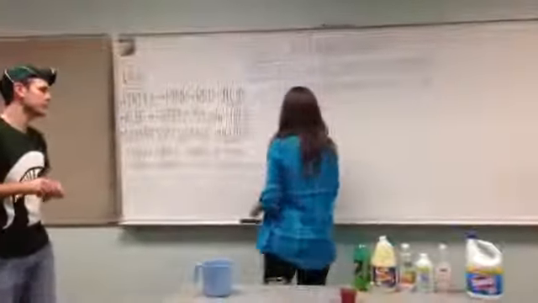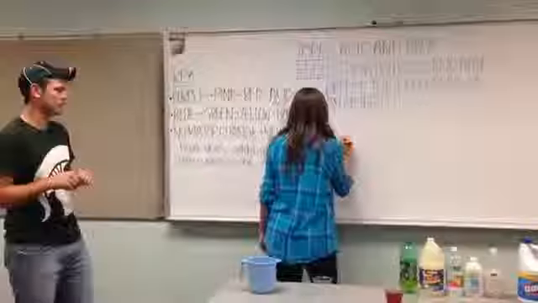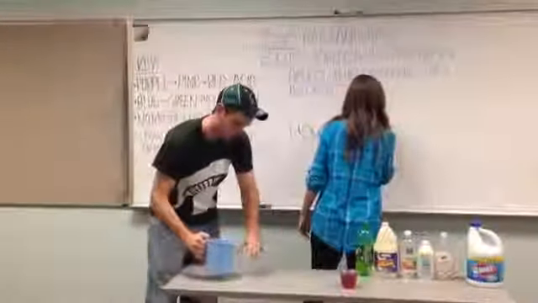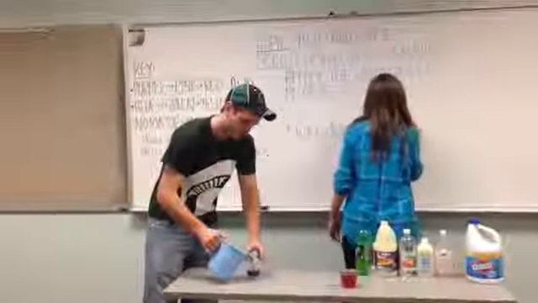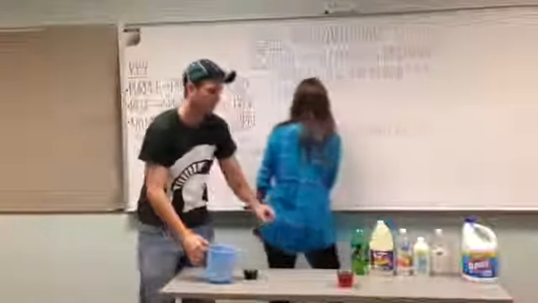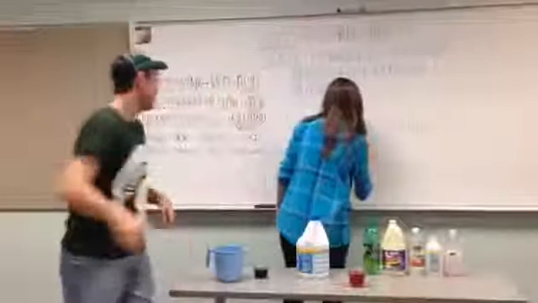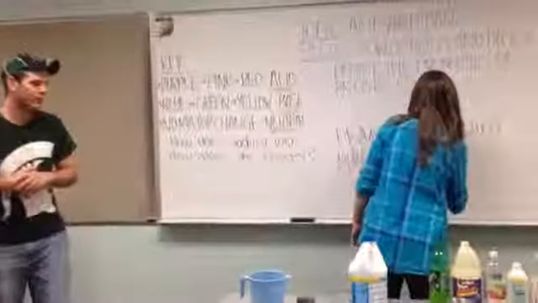My question is going to be, how does adding bleach affect the indicator? Okay. And while you're writing that, I'm going to pour your indicator for you, and I'm going to get your bleach out. As soon as you're done writing the question, you can go ahead and test that out.